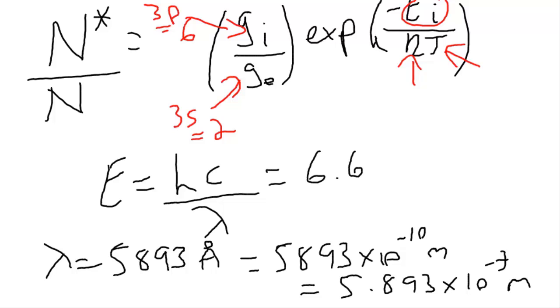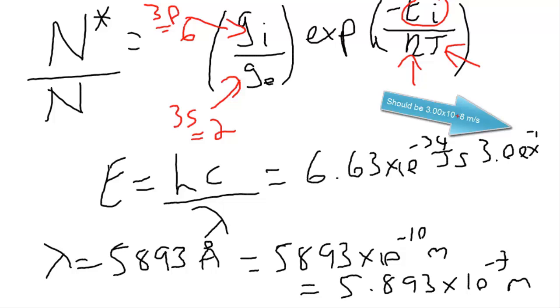So Planck's constant is 6.63 times 10 to the minus 34 joule seconds. Speed of light is 3 times 10 to the 8 meters per second.